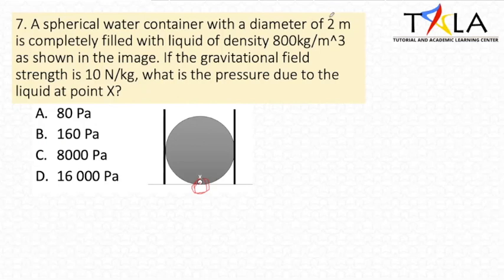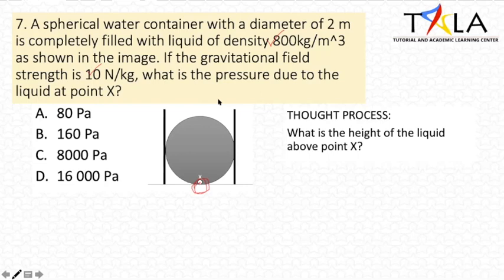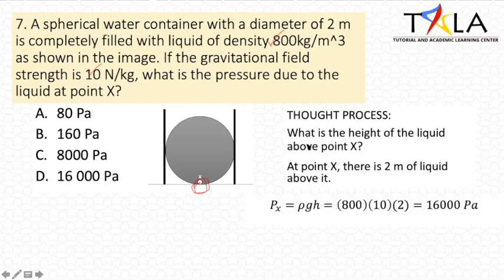We have the density of the liquid. We also have the gravitational field strength or gravitational constant that is acting on point X. So to solve for this, we use this formula. Pressure is equal to density of the liquid times gravitational constant times the height.